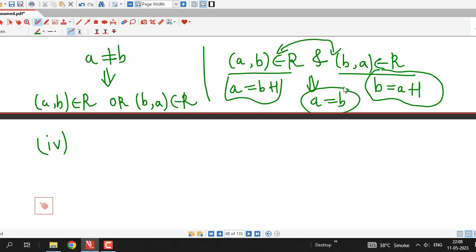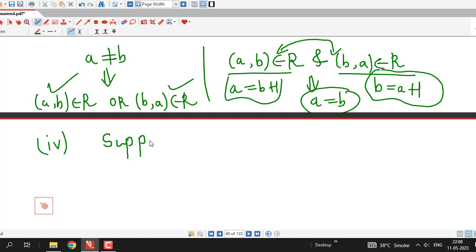So (A, B) belongs to R and (B, A) belongs to R is not possible here. Either A equals B plus 1 or B equals A plus 1. So therefore this relation is antisymmetric.